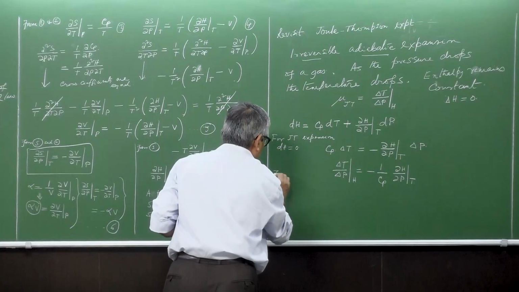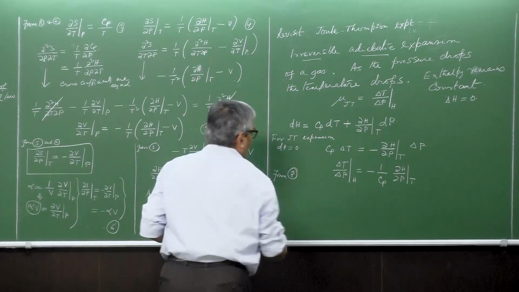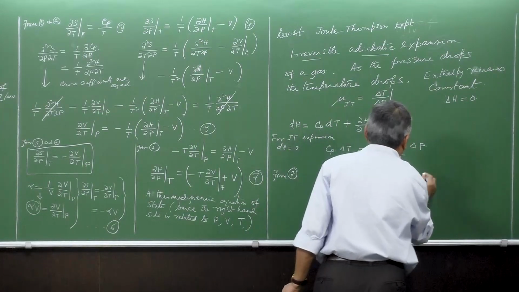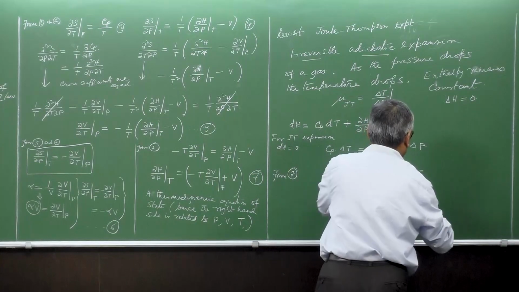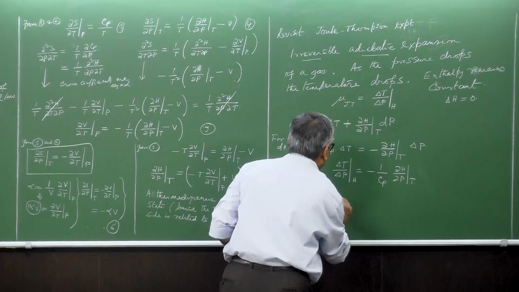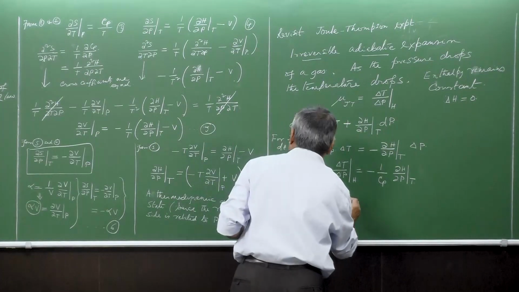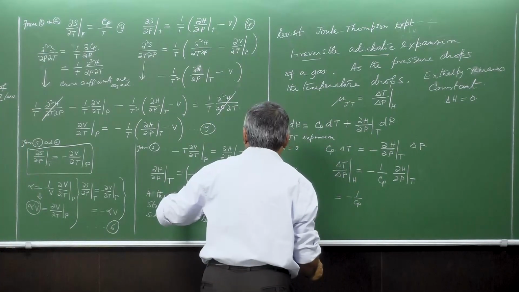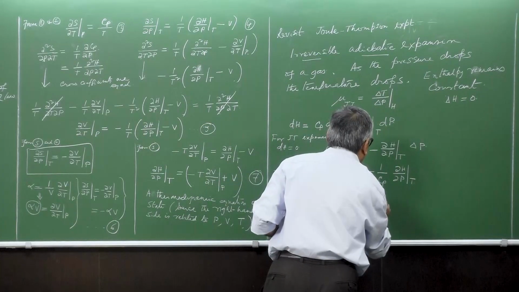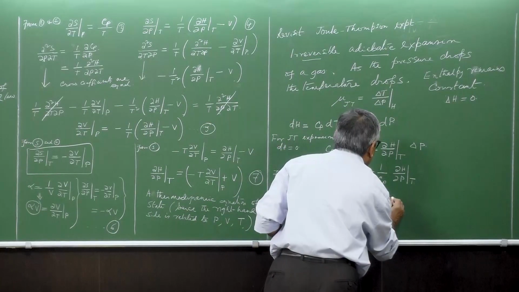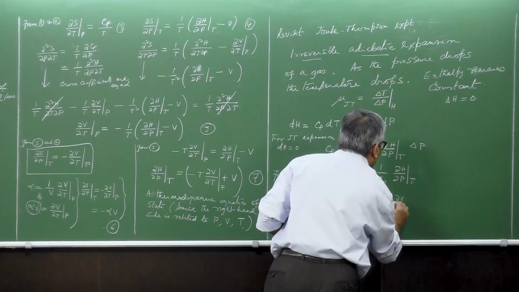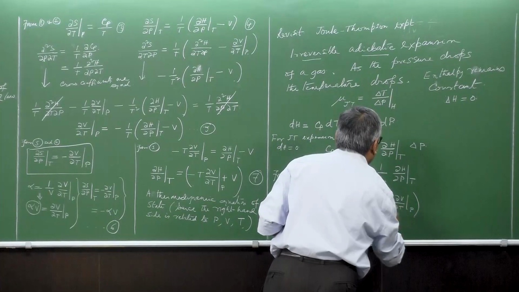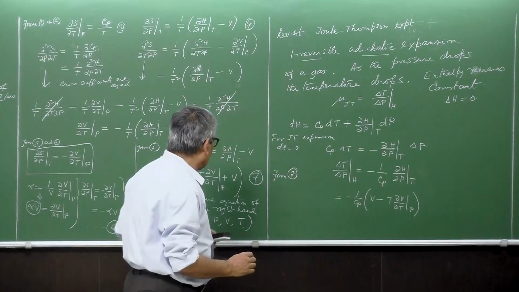So from 7, we can replace this quantity, and this is equal to minus 1 by Cp, and (∂H/∂P) at constant temperature is V minus T into (∂V/∂T) at constant pressure, this quantity.